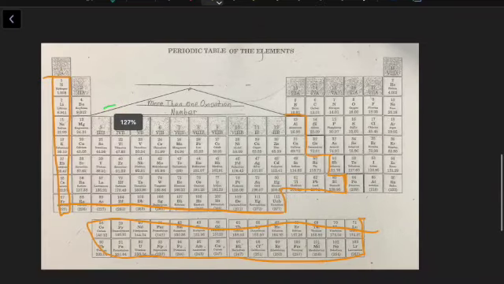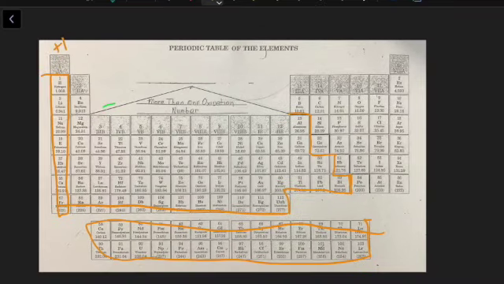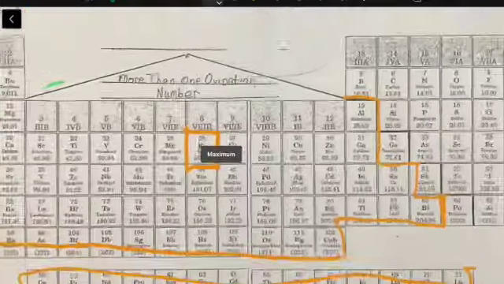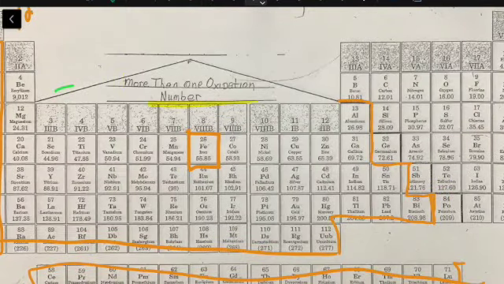Group 1, the oxidation number for group 1 is a +1. The oxidation number for group 2 is a +2. Metals are going to stay consistent. They're always going to be positive, every time. This iron right here has multiple oxidation numbers. But no matter what, it is going to be an Fe+.